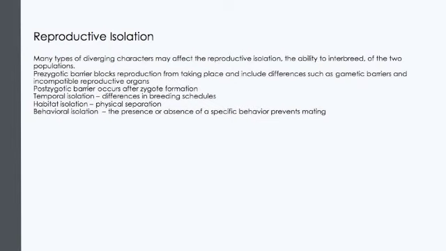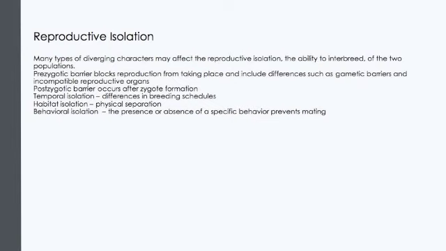Another example of a prezygotic barrier is habitat isolation. In this case, species live in the same region but not in the same habitats. For example, one species of North American garter snakes lives mainly in the water, while a closely related species lives on the land. Traits that enable individuals to recognize potential mates, such as a particular odor, coloration, or courtship ritual, can also function as reproductive barriers.